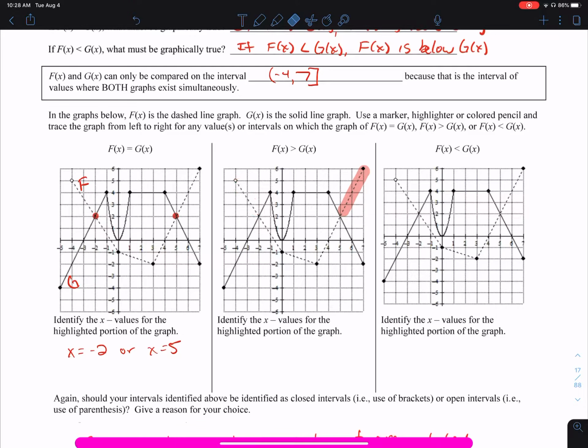Please note that we do not use this endpoint here because that is an open circle, a non-inclusive. So that first interval goes from -4 to -2, non-inclusive.